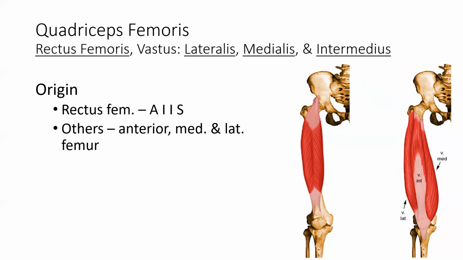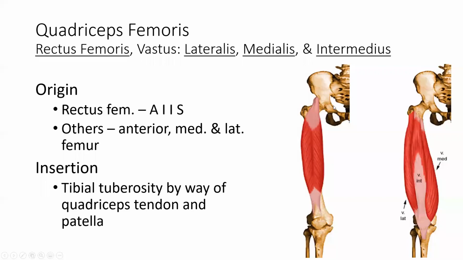So just inferior to the ASIS, which we saw with our sartorius and our TFL. So rectus femoris has its origin on the AIIS.